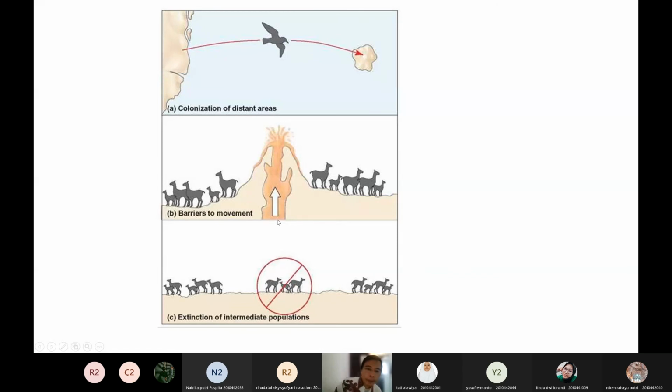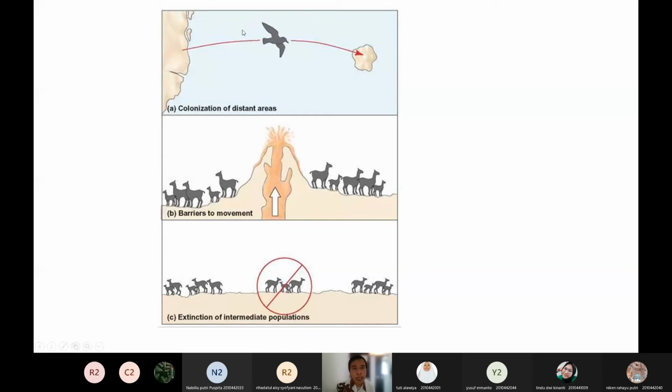But afterward, when a barrier formed here, it will separate these animals. The parent population will become two distinctive species or distinctive populations that could cause an increase in their diversities.